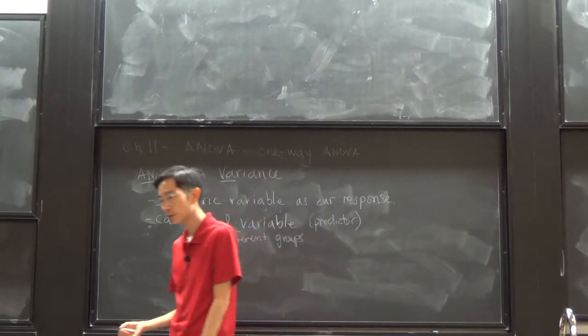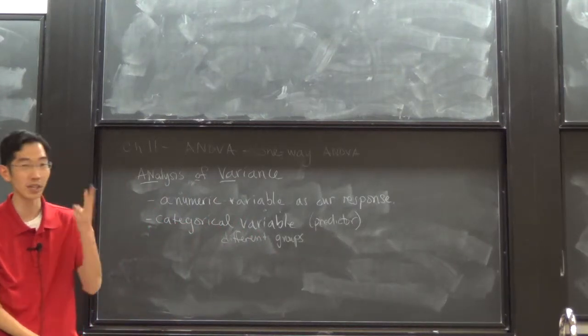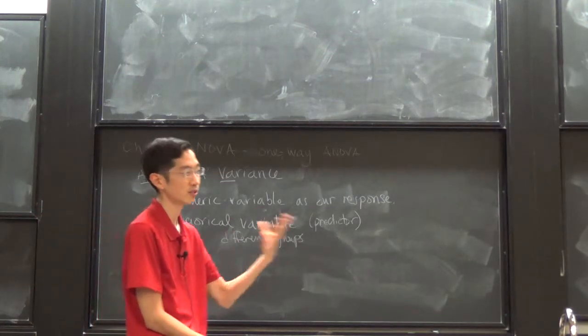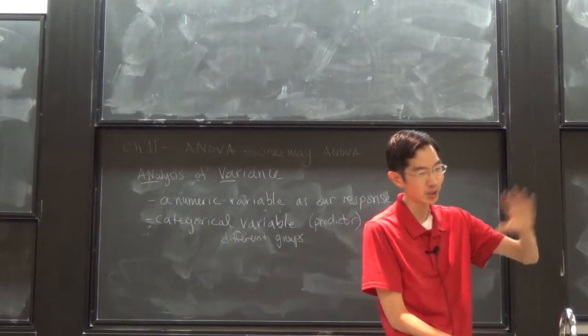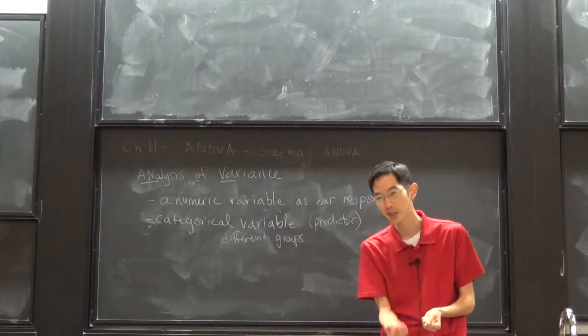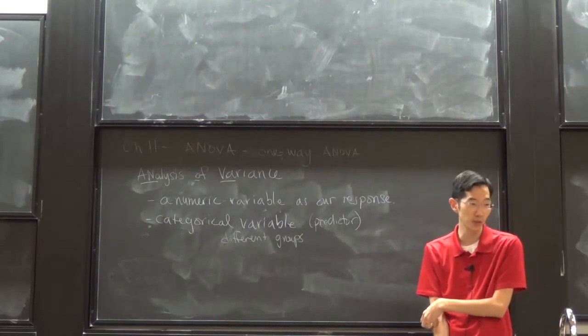The difference between ANOVA and a t-test is that with t-tests, you can only have two groups. So your categorical variable, you're only allowed to split into two groups. You have a control and a treatment group, where you have this group and that group. You can only have two groups. With ANOVA, you are allowed more than two groups.